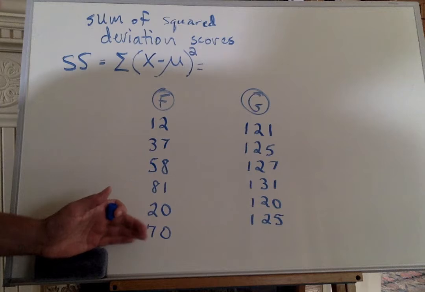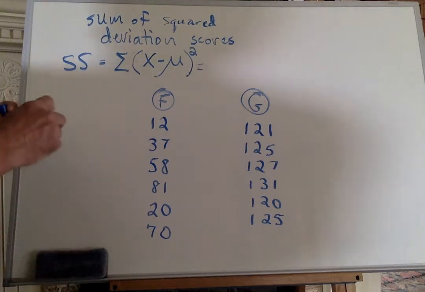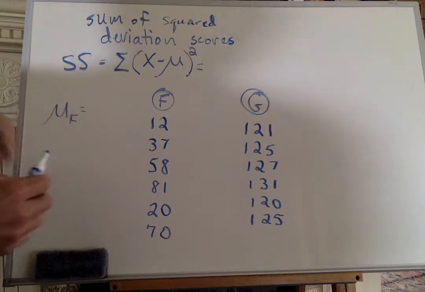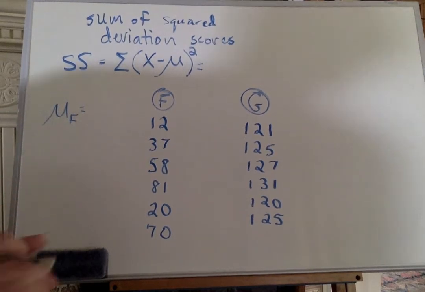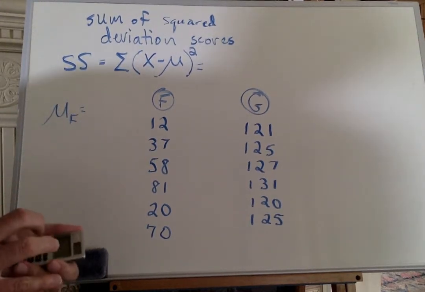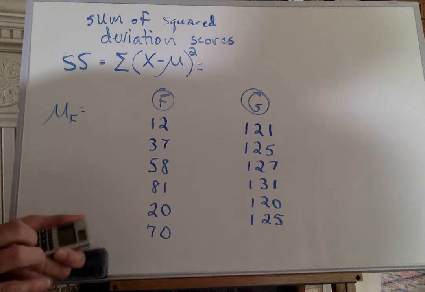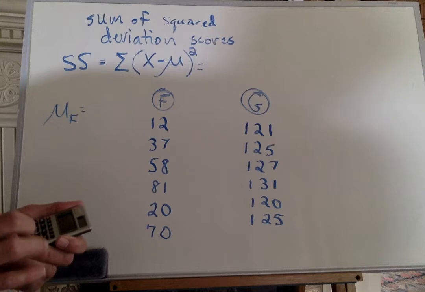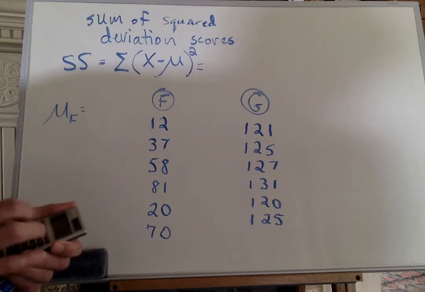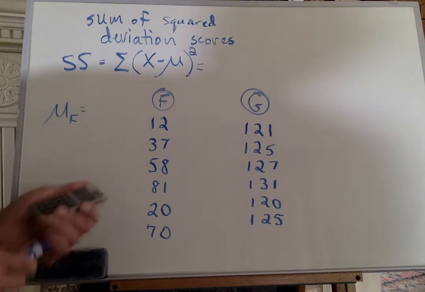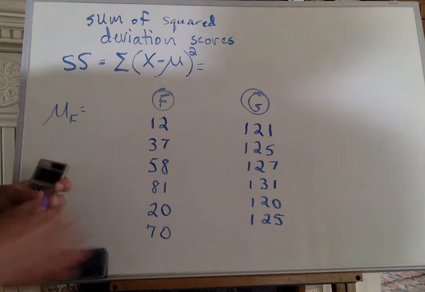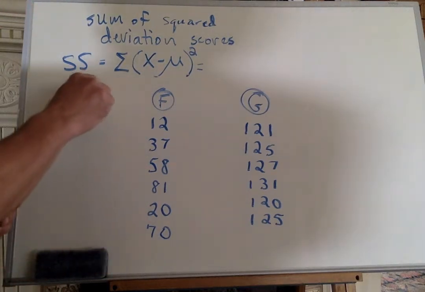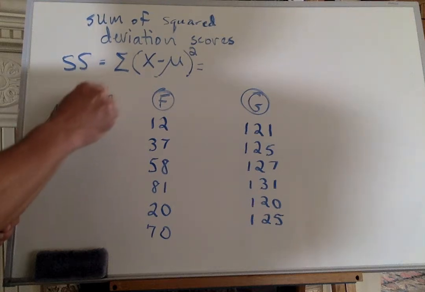And so let's calculate it. Okay, let's calculate. So here we have our mean for F. And can we do this quickly? 12 plus 37 plus 58 plus 81 plus 20 plus 70 equals 278. 1, 2, 3, 4, 5, 6. Okay, 278 divided by 6.